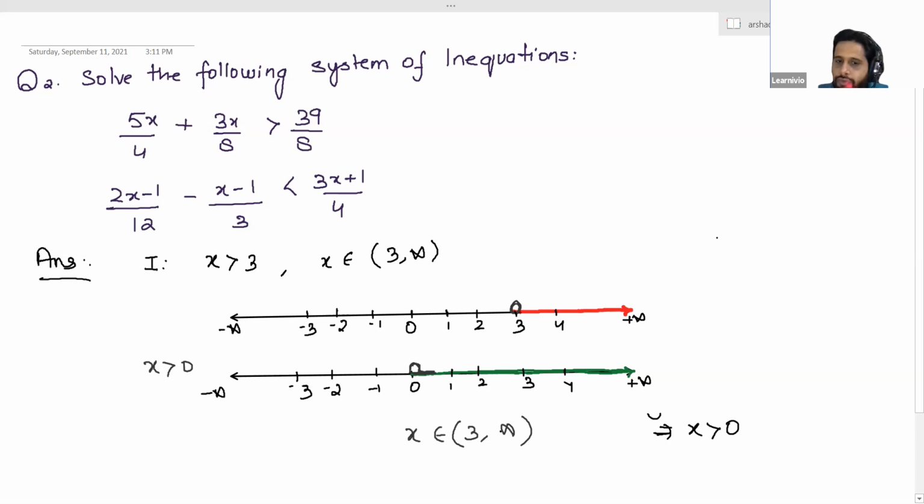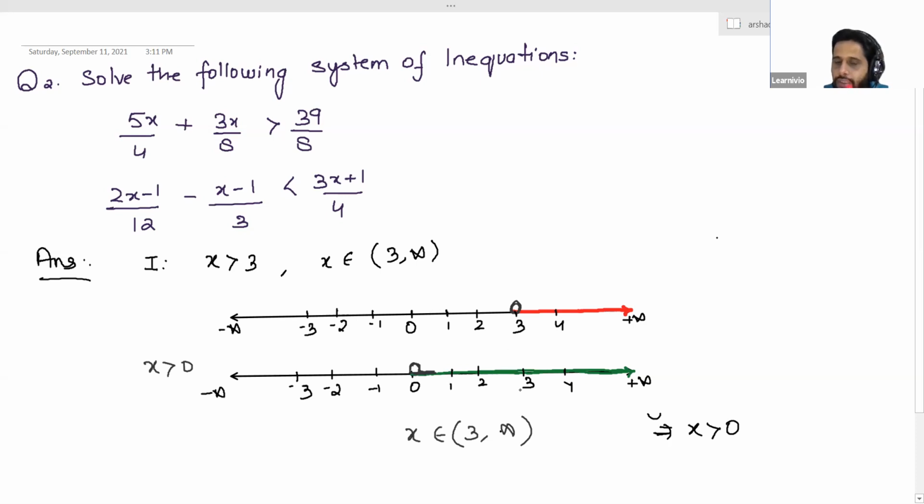Okay, Rishan. So if we check the common solution, then please check this. This part is not in this one, so we will not take this. We will start from here, but we can't take 3 because 3 is not in the first one. So our answer will be from 3 up to this. Okay, so you told me the answer 3, 4, 5. This is correct, but there are some more points which need to be included.